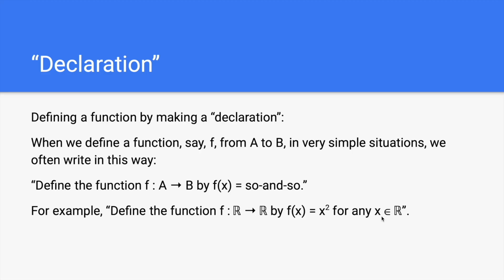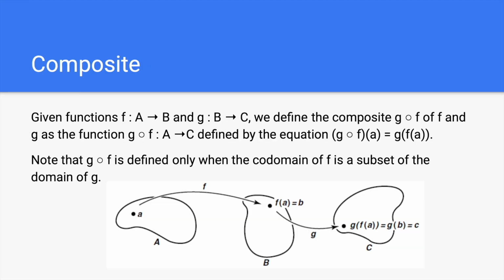Given functions f from A to B and g from B to C, we define the composite g compose f of f and g as the function g compose f from A to C defined by the equation like this.